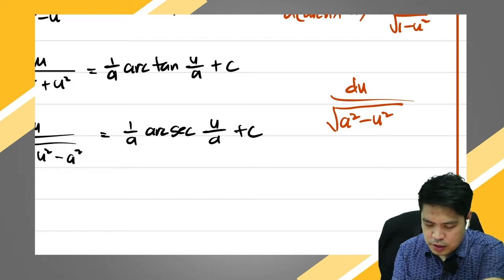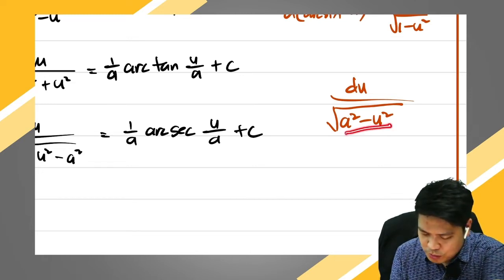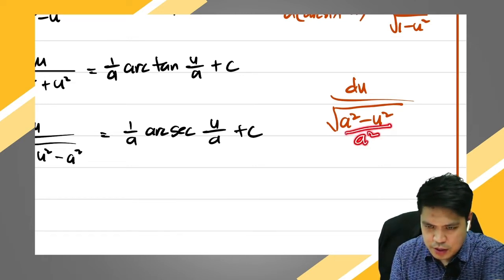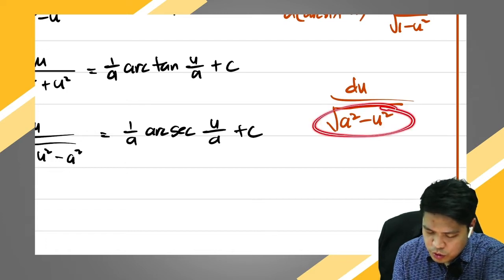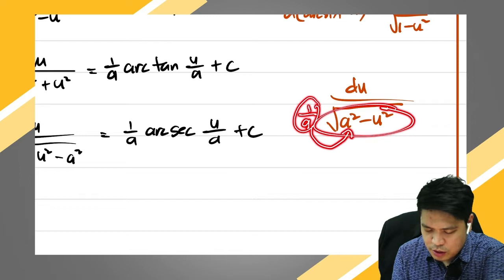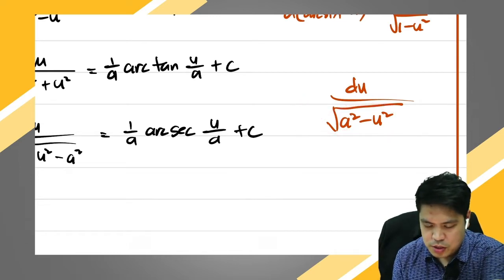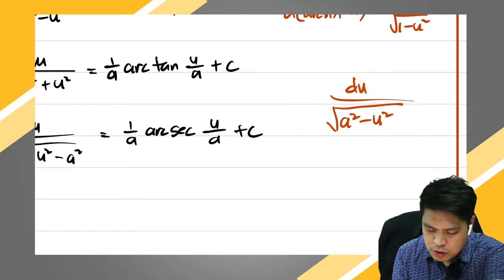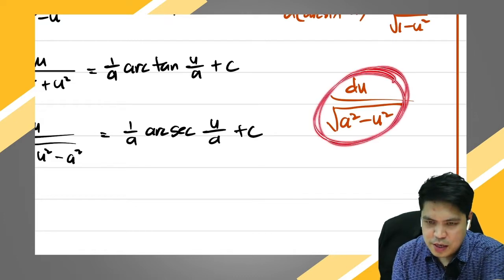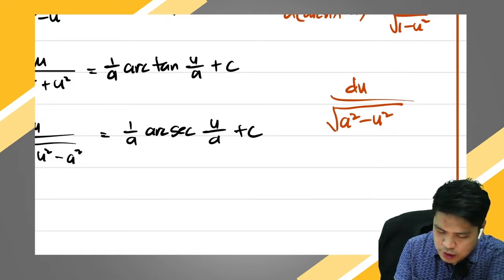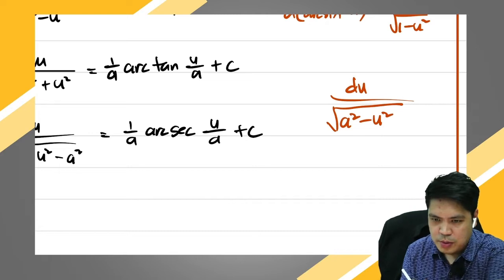So let's repeat. In order for this to be divided by a squared, we divide this term by a. When we put the a inside the radical sign, it will become a squared. Therefore, to stay consistent, and to multiply by its identity, we need to multiply both the numerator and the denominator by the same value.